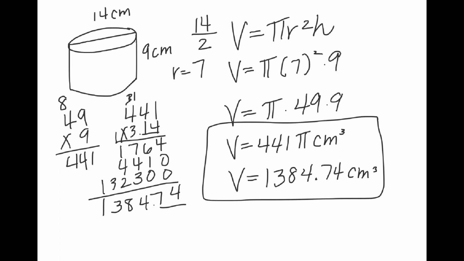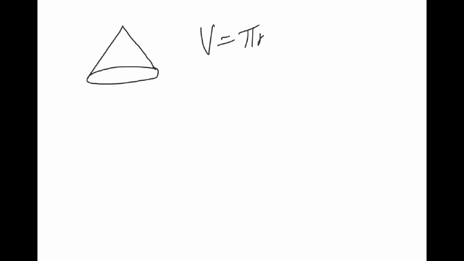Oh, no, sorry. I keep doing that, which is going to be cone. So like that and like that. Okay, so the volume of a cone is pi r squared times height divided by 3.